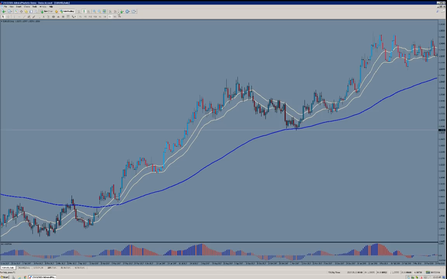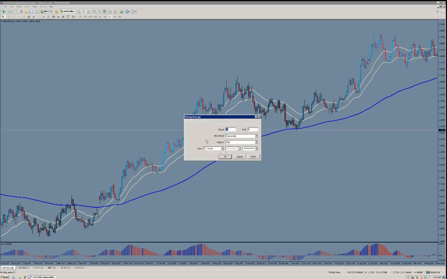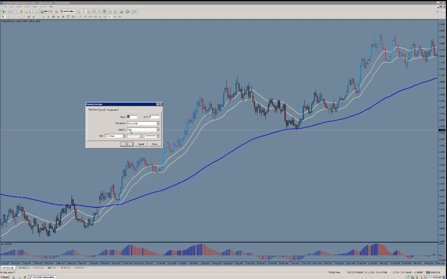So what I've got on my chart here is, like you noticed, a 21 moving average. The one, however, is applied to the high of the price. So basically, one of these lines is the 21 moving average, but taking the price at the high of each candle.